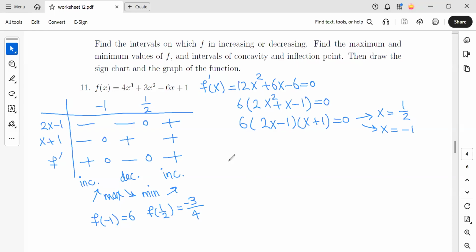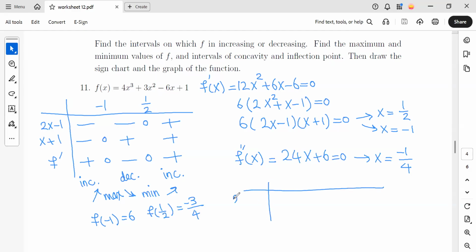Now we are going to find the inflection point. For finding that, we need the second derivative, which is 24x plus 6 equals 0. It means that x will be negative 1 over 4. Finding the sign of this, 24x plus 6 is 0 at negative 1 over 4.